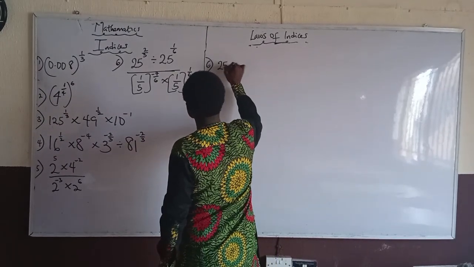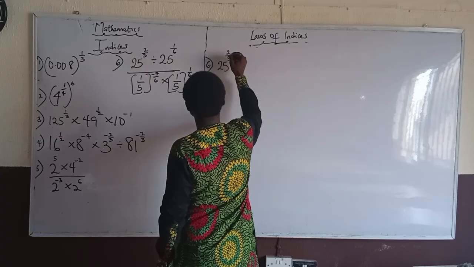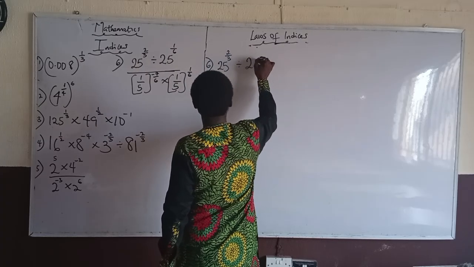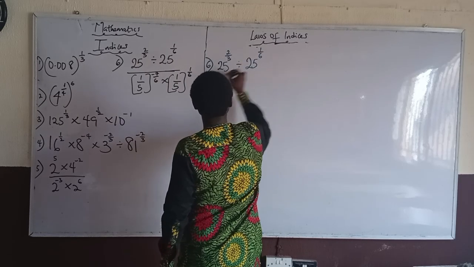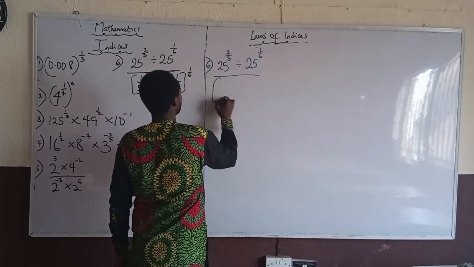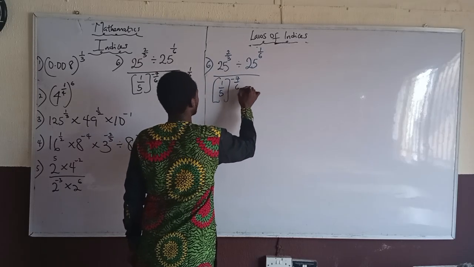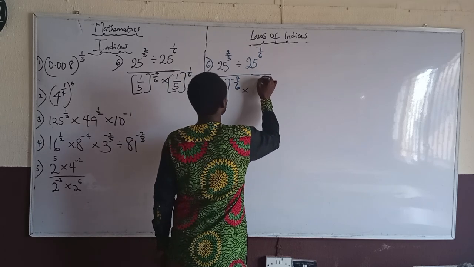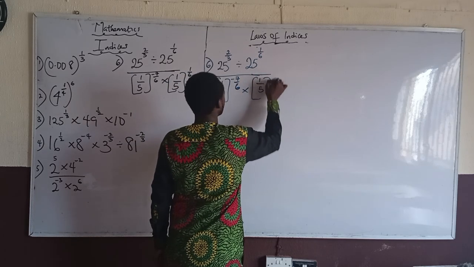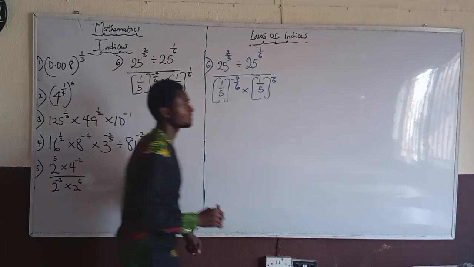This is 25 raised to power 2 over 3 divided by 25 raised to power 1 over 6. We have 1 over 5 raised to power minus 7 over 6 times 1 over 5 raised to power 1 over 6.